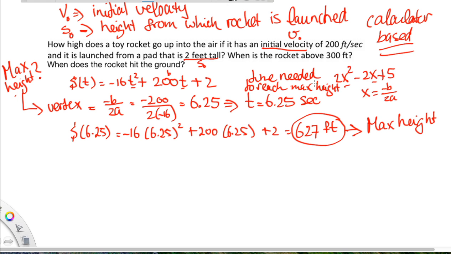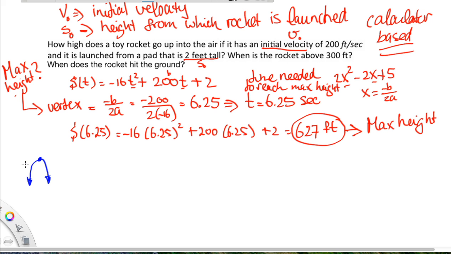Then it says, when is the rocket above 300 feet? Okay, so let me give you a quick little sketch of this parabola. That's a negative leading coefficient, so overall the parabola that models this function looks like this. We just found the maximum height.